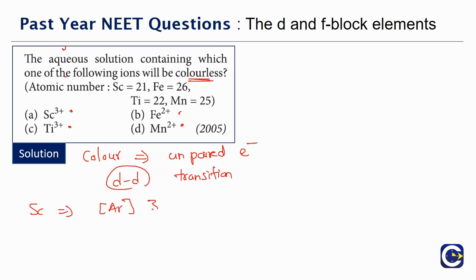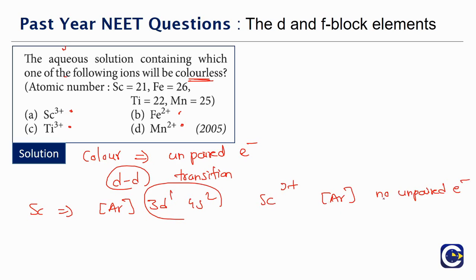Argon 3d1 4s2. What will be scandium 3 plus? After removing 3 electrons, it will be just argon, means there will be no unpaired electrons. So in this we will not have any unpaired electrons, means this will definitely be a colorless substance. In aqueous solution it will be colorless. So we got our answer. What is it? Option A.